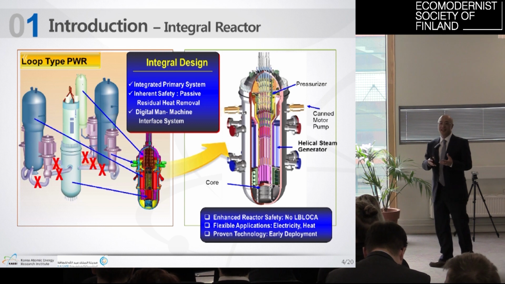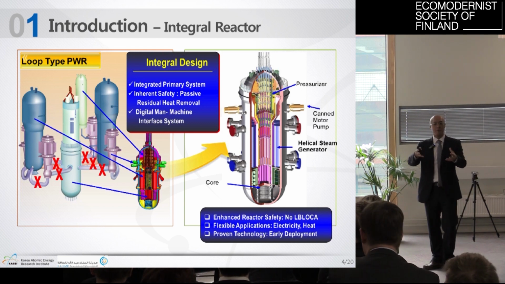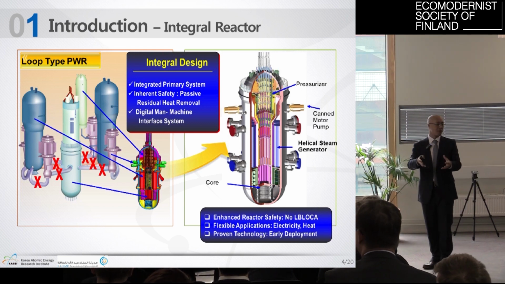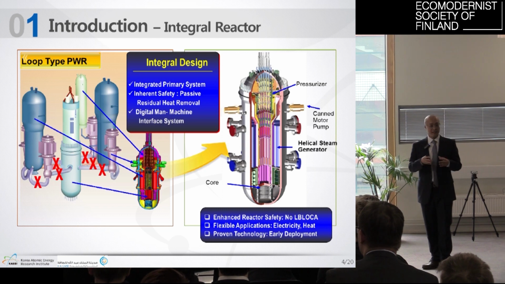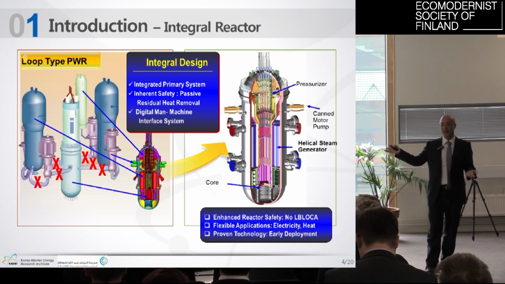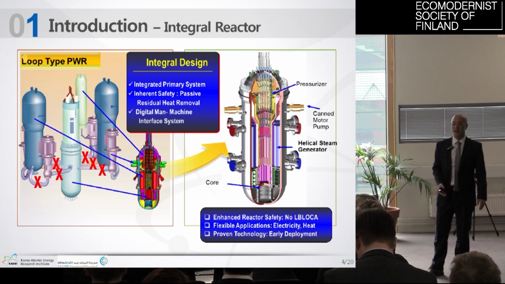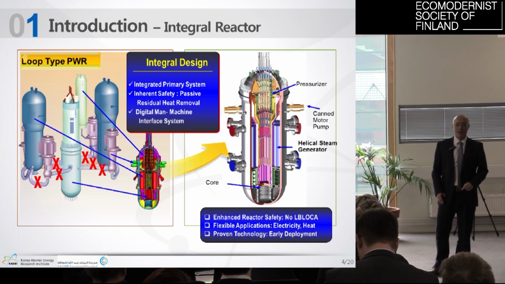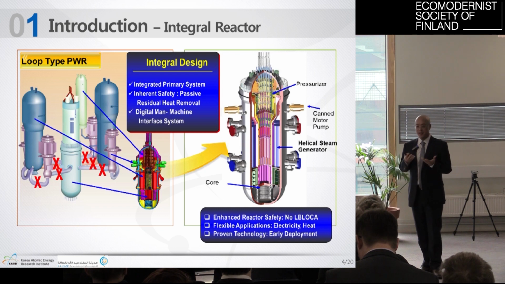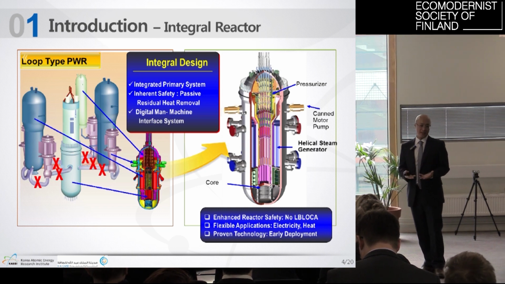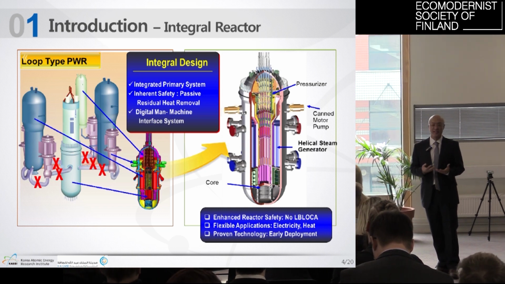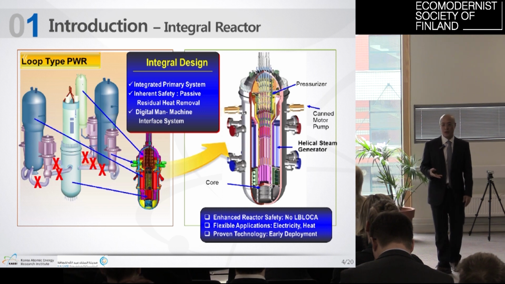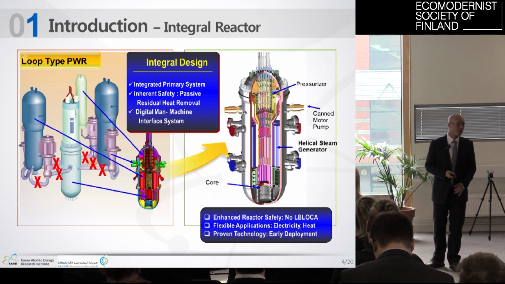SMART is an integral type reactor, so all of the main components are installed in one vessel. The detailed description will be given in the following slides. However, I'd like to emphasize one point here. SMART inherently eliminates large break LOCA, and it is designed not to uncover the core during a small break LOCA.